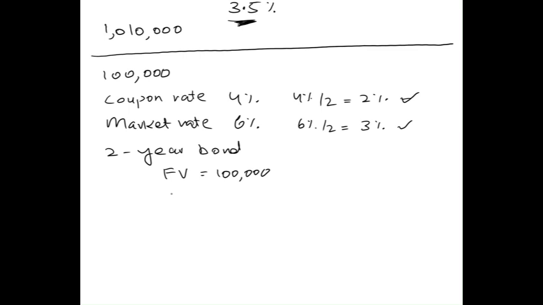You'll put interest rate, you will use the market rate, which is 3%. N would denote the number of payments. So it's a 2-year bond, and then you pay semi-annually. So that means you will make 4 payments.